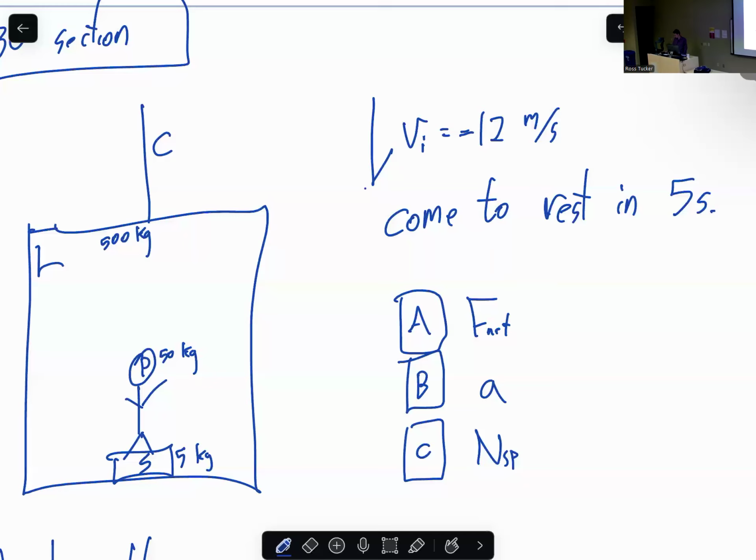Oh my God. Nine of the first ten have told me Newton's second law. I told you ma is not the correct answer for part A. I want an algebraic combination of the forces. What is F net?